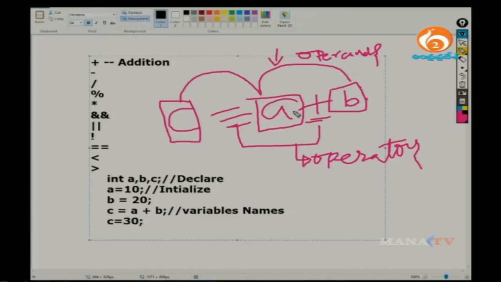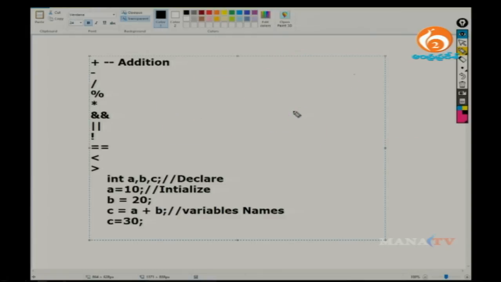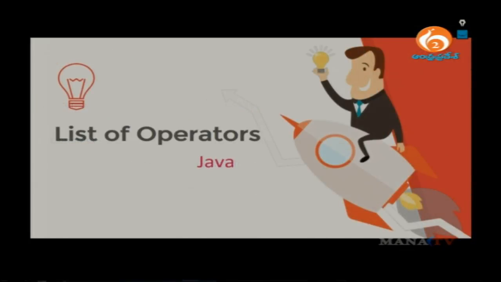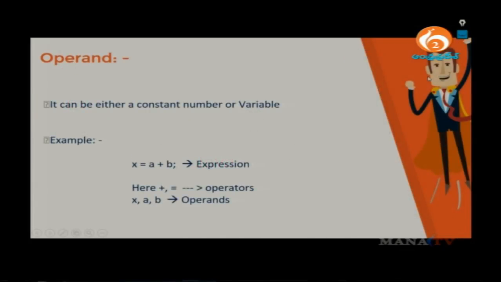Operands are sometimes constant numbers, sometimes random numbers like variables. Now let me tell you about this. See that here x is equals to a plus b, we usually call it an expression. First, we identified that both signs are operators, and x, a and b we usually call operands.